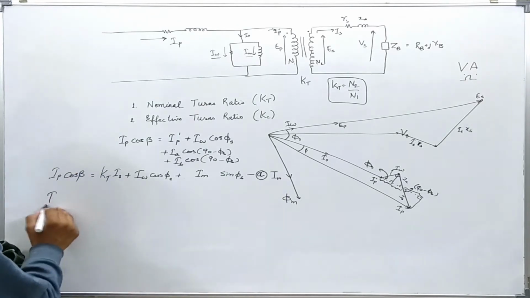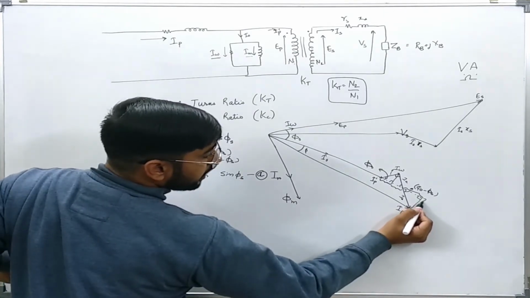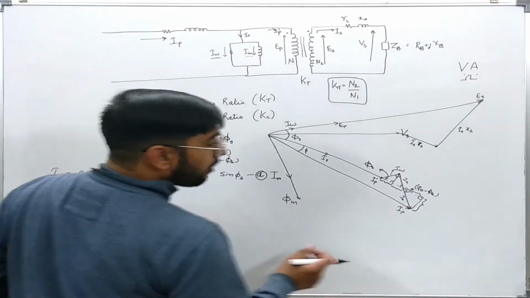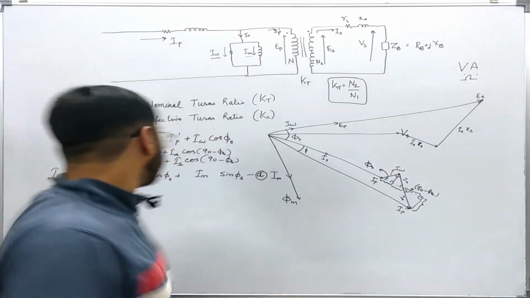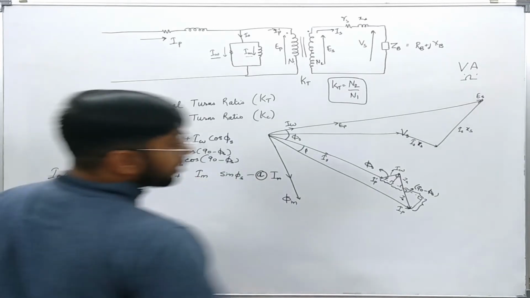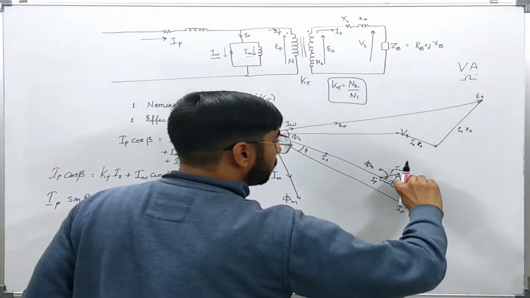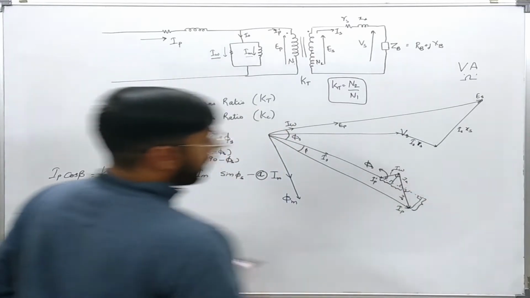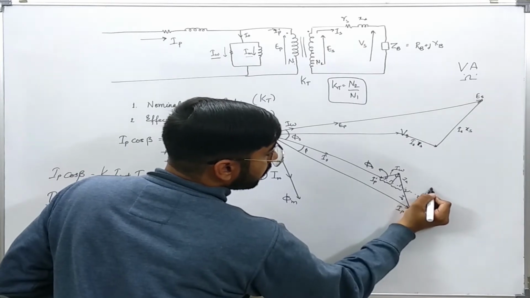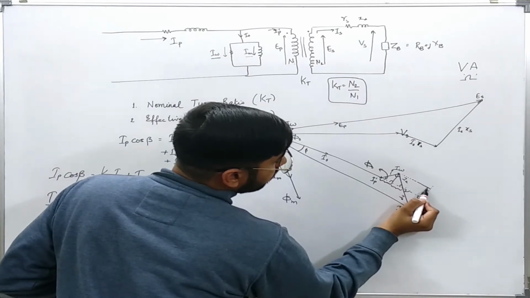Now IP sin beta. This is IP sin beta. Now I want to find this value in terms of these items. So what I will do, I will extend this line such that this joins here on the perpendicular.